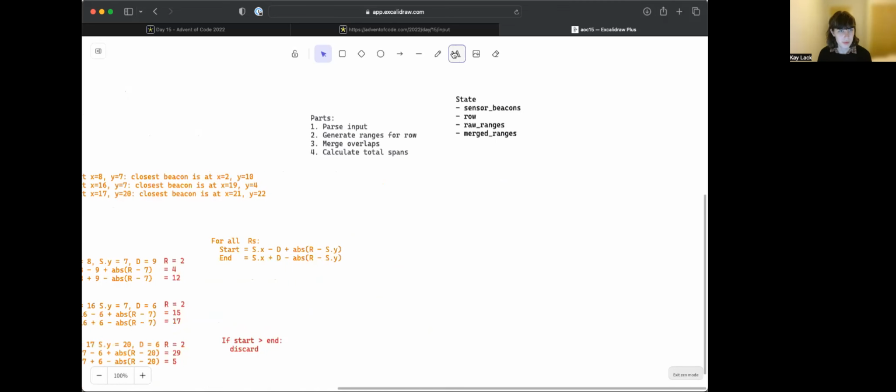Or we could potentially have a class. So we could have a sensor beacon class, and we could have it have a sensor X, sensor Y, beacon X, beacon Y, and then we could have something to calculate the distance and something to calculate the range for the row.